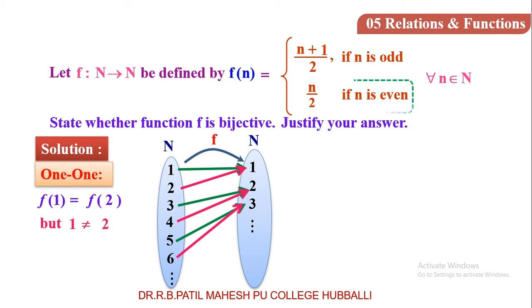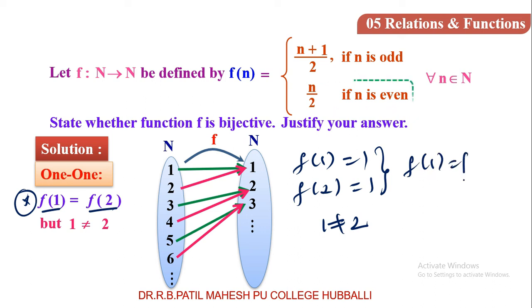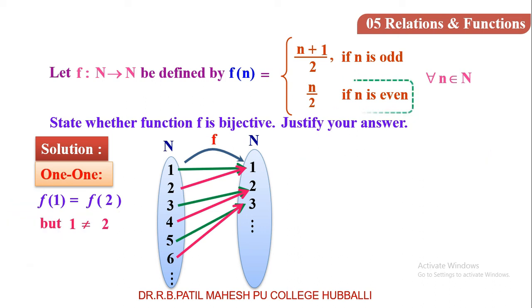Dear students, this function is not a one-one function, because you can observe f of 1 is equal to f of 2. Means image of 1, that is 1, image of 2, that is also 1. Here 1 and 2 are not equal, but images are equal, that is f of 1 is equal to f of 2. Therefore the function is not one-one. Clearly this function is not a one-one function.